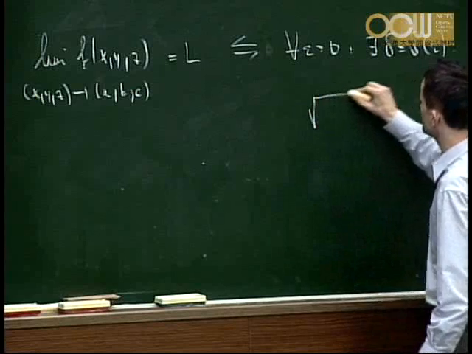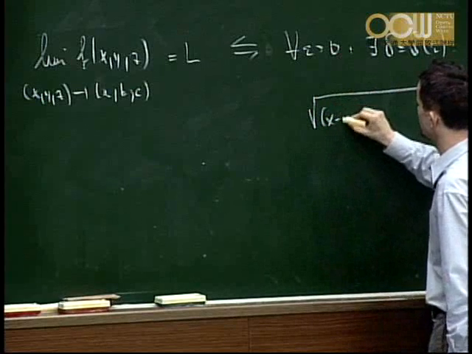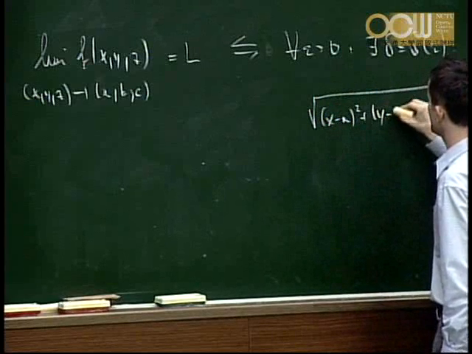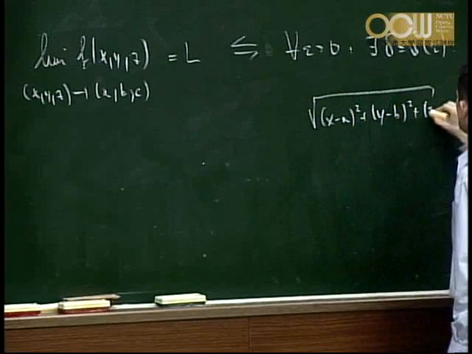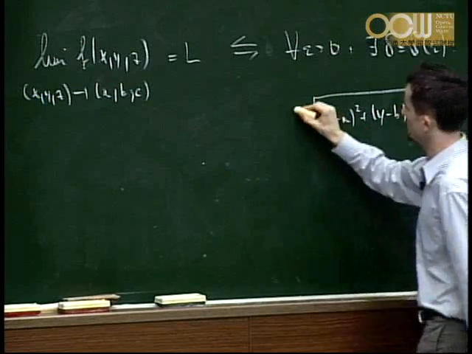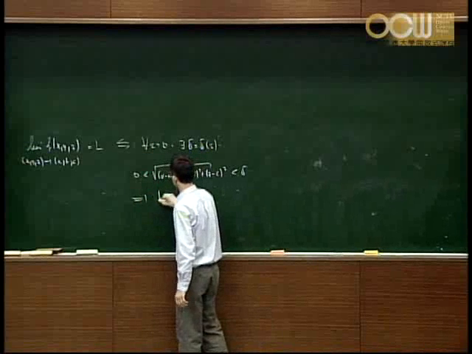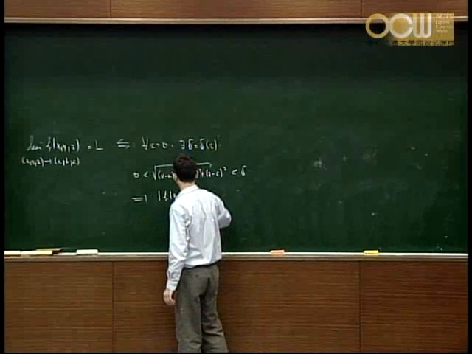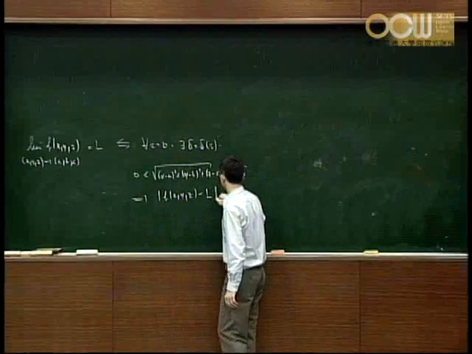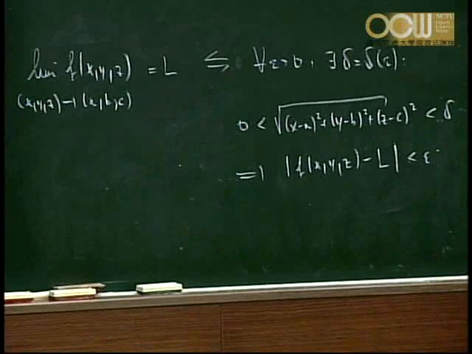So for all x, y, and z which satisfy x minus a squared plus y minus b squared plus z minus c squared larger than 0 and smaller than delta, we will have that the distance between f of x, y, z and L is smaller than epsilon. Okay, similar definition.